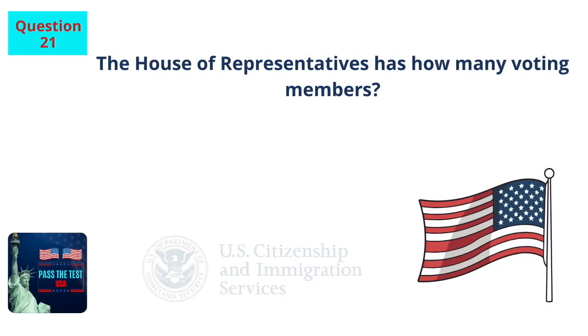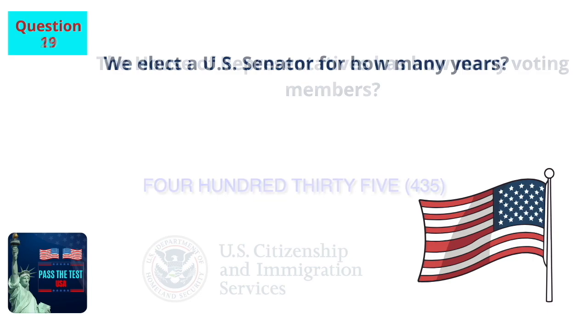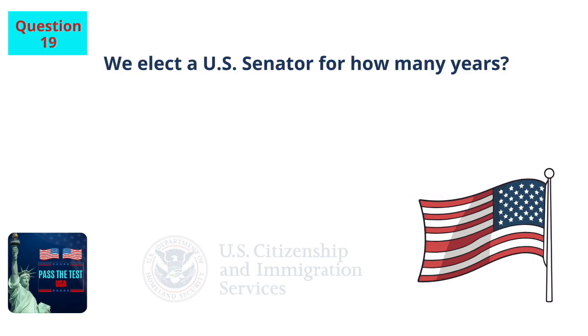The House of Representatives has how many voting members? 435. We elect a U.S. Senator for how many years? 6.